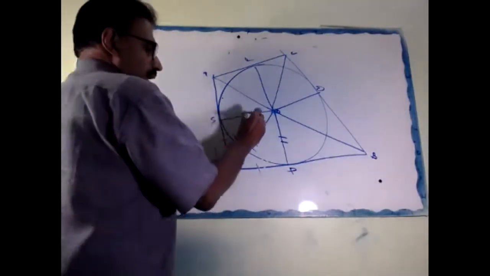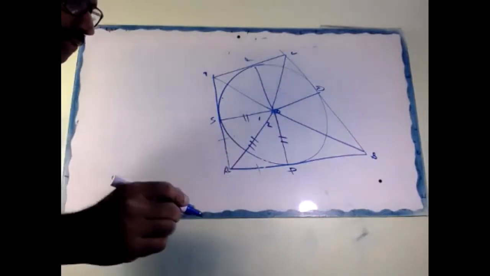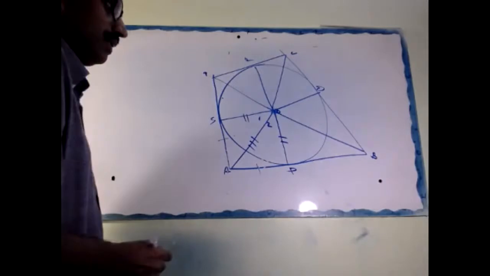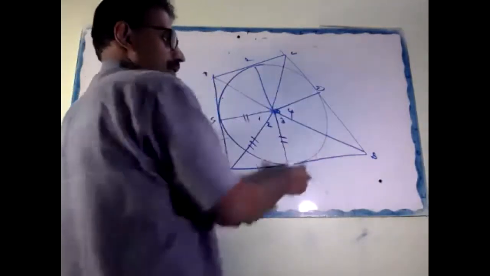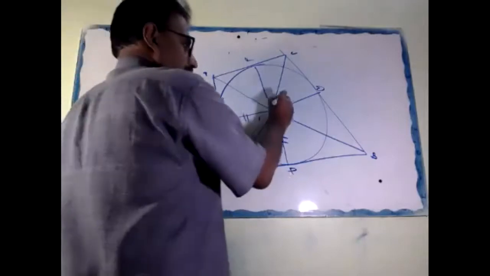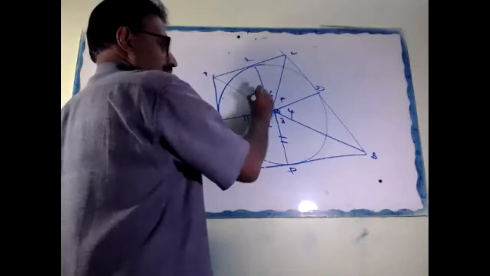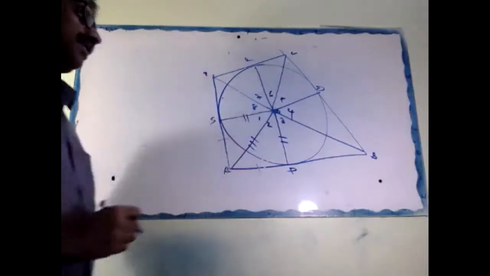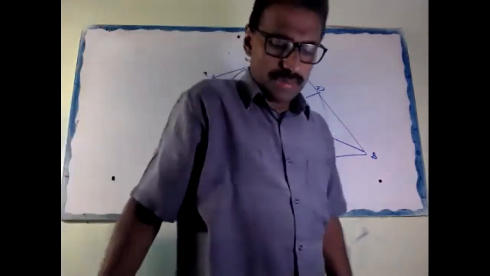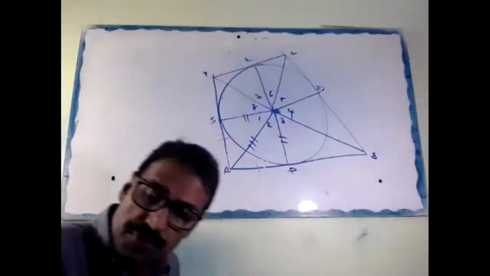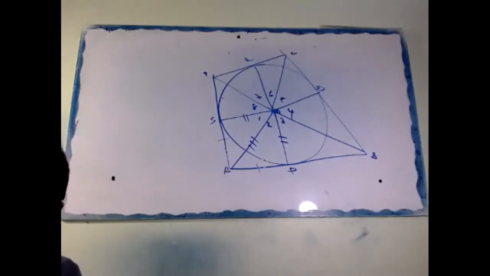Hence angle 1 equal to angle 2, by CPCT. Similarly 3 equal to 4, and 5 equal to 6, 7 equal to 8. So the main part is finished.